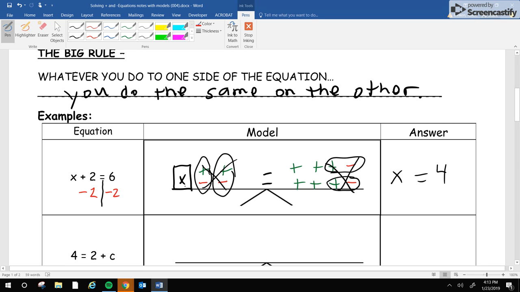Now, I know 2 minus 2 is 0, and x plus 0 is going to be x. So I'll make a big 0 there and get rid of that. So that's why x is by itself. And of course, I'm dropping the equal sign all the way down. And I know 6 minus 2 is 4. That's how we got x equals 4.